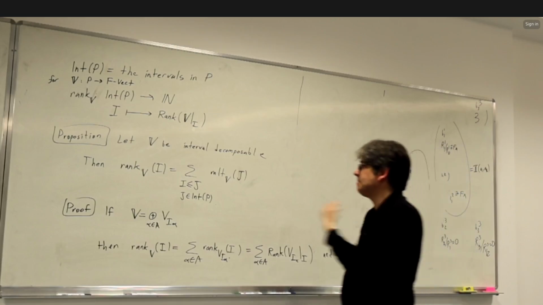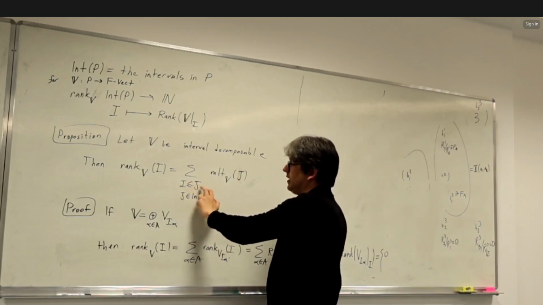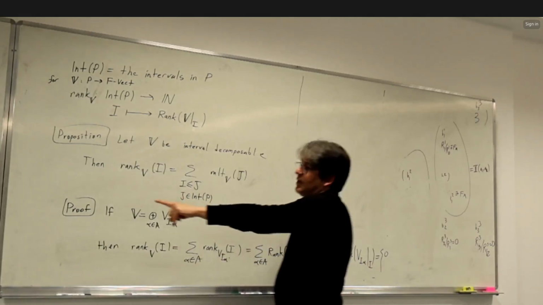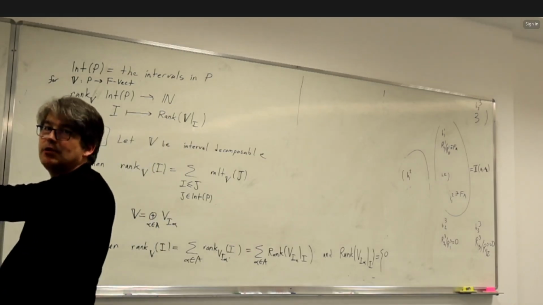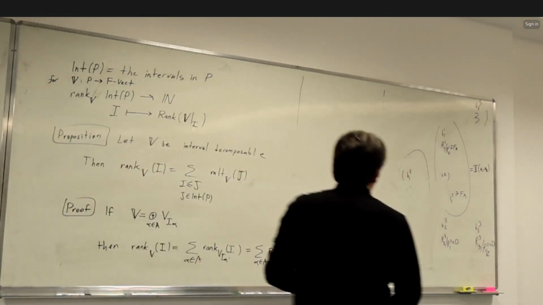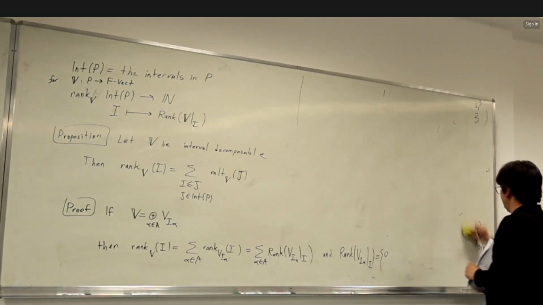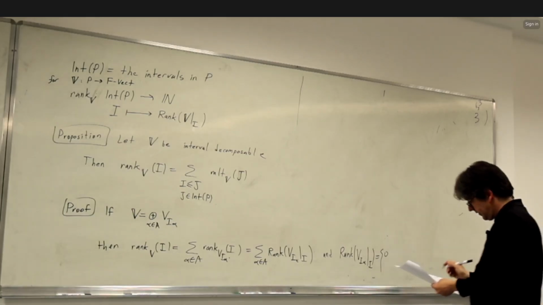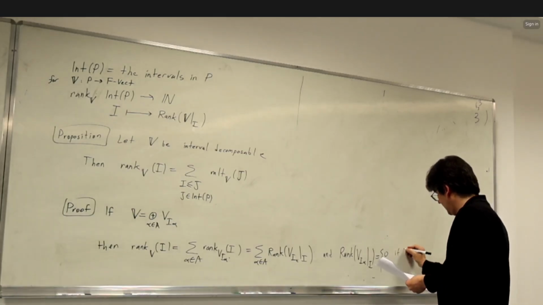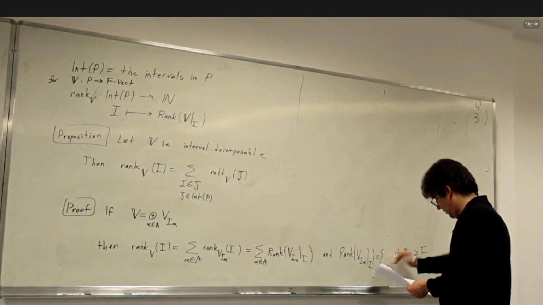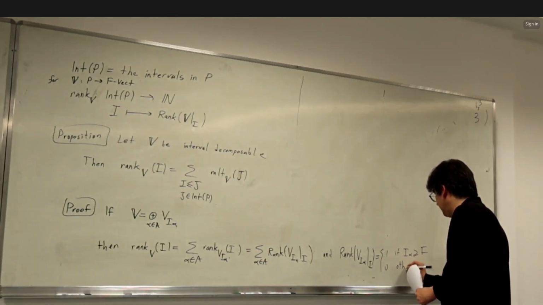Well, it's the intervals that are above I. Okay, I will apply it to example triangle. Yes. So here, this is 1 if I_alpha contains I, otherwise 0.